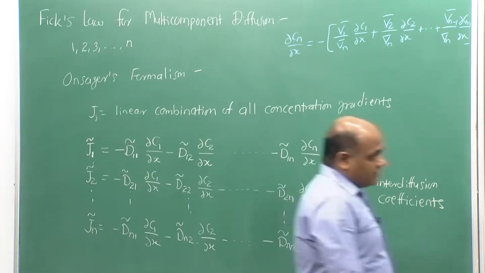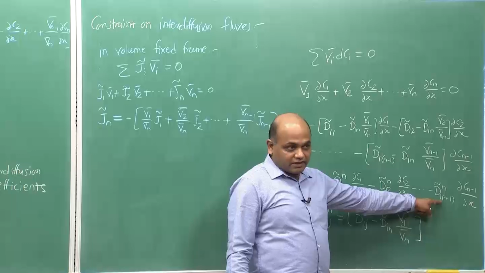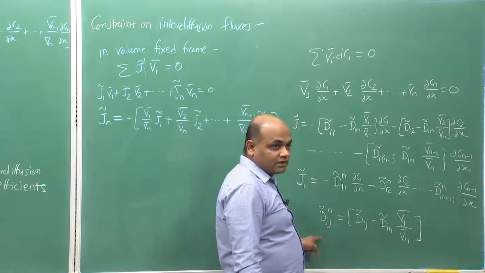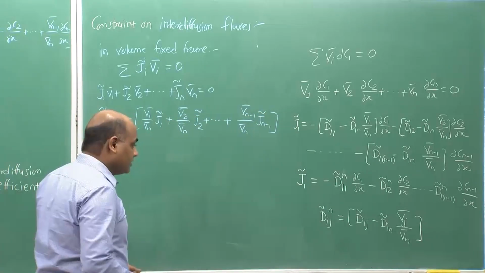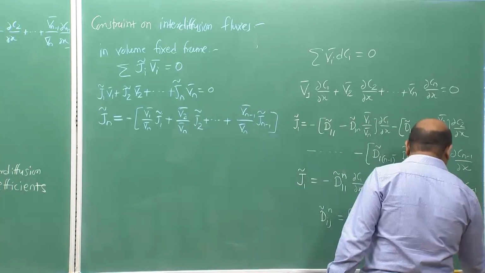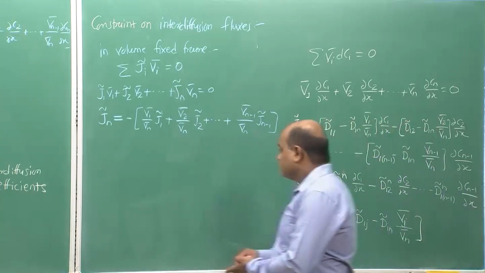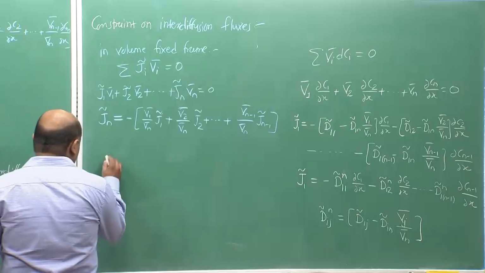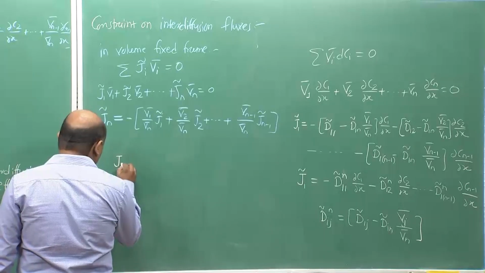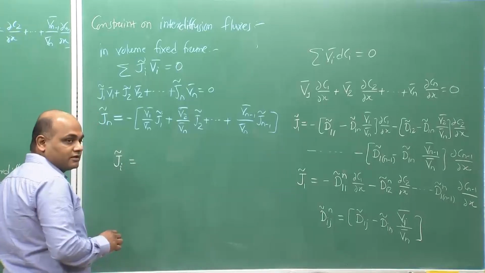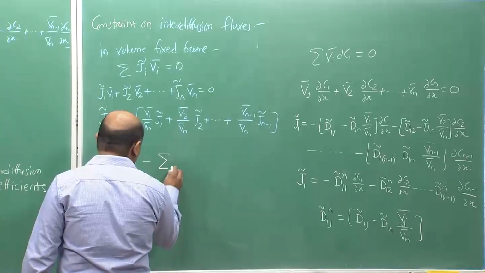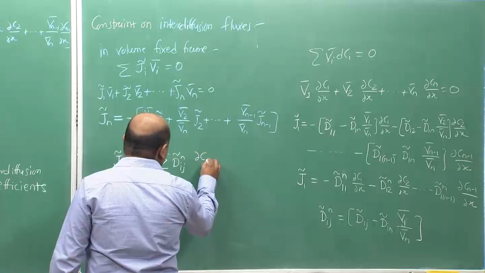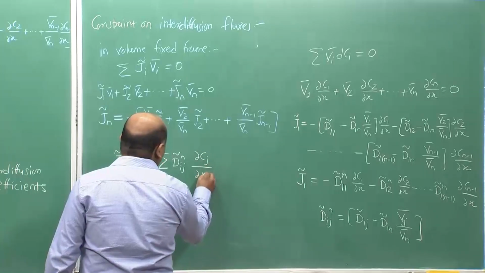So, we have each flux expressed by n minus 1 independent terms, and there are n minus 1 such independent fluxes. So, total n minus 1 square interdiffusion coefficients. So, in general, if we write equations for all n minus 1 fluxes, then we express the flux of any component J_i~ equal to minus summation of D_ij~^n ∂C_j/∂x.